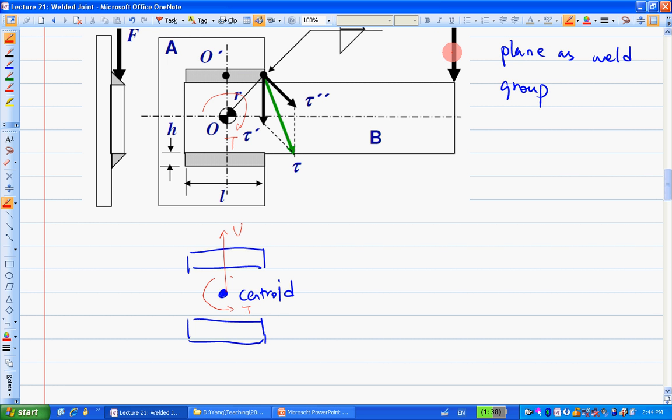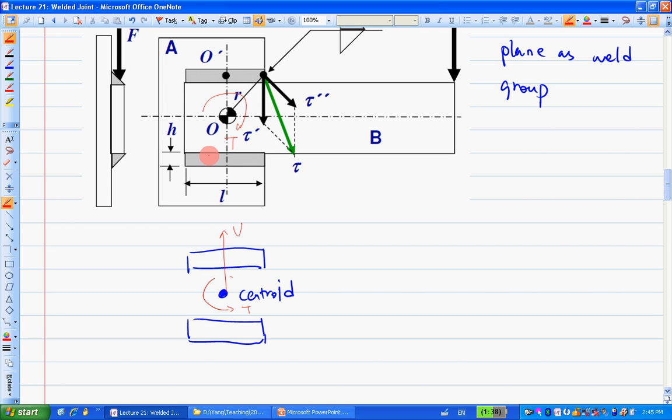Overall, in terms of the effect of the F on the weld group here, you just have two effects. One is this vertical force, basically a shear force F acting on this weld group. There's another one, which is this torque T, causing a torsional stress on this weld group.